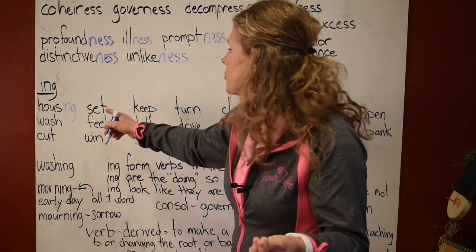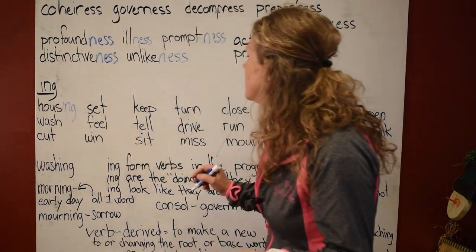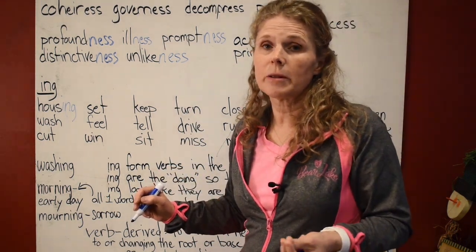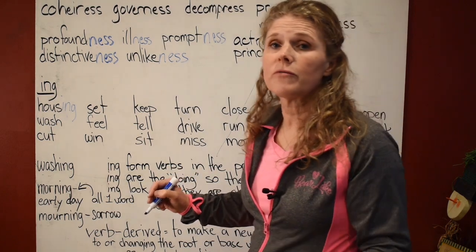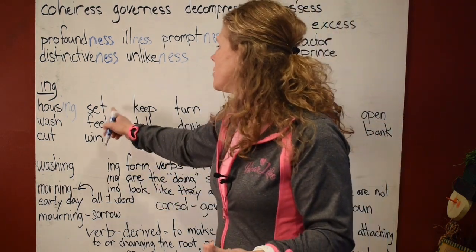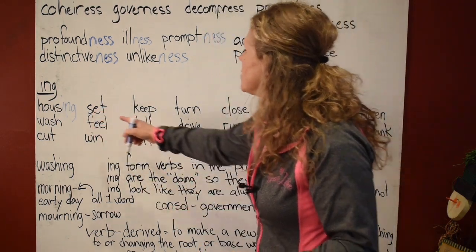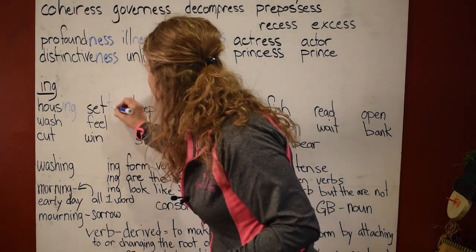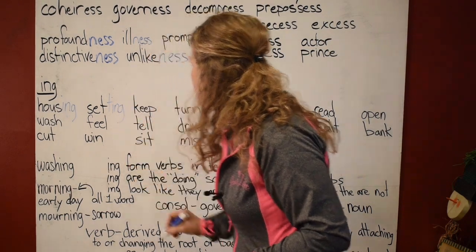So especially for the doubling rules, no matter what, on a multi-syllable word, you still have to follow the spelling rule. If you have an E, you drop the E, or if you have a Y, you have to follow those. But the doubling rule is different. But here's the accented syllable, so we are going to double it and add ing.